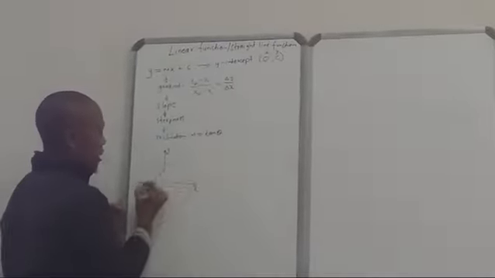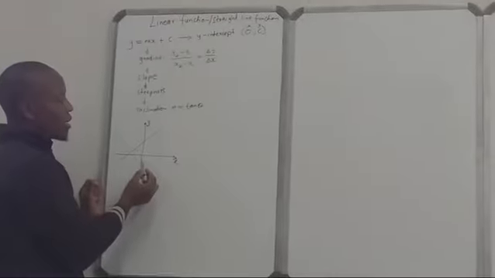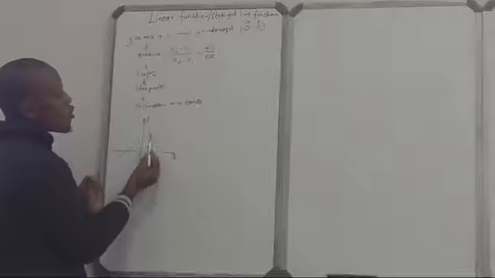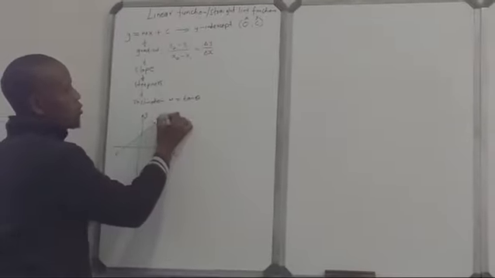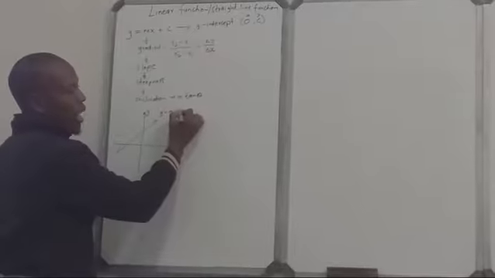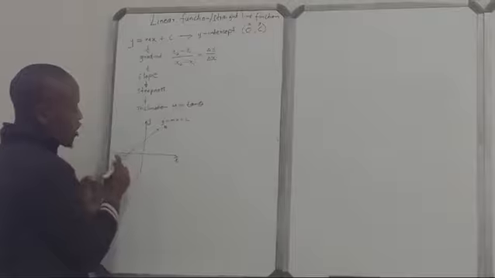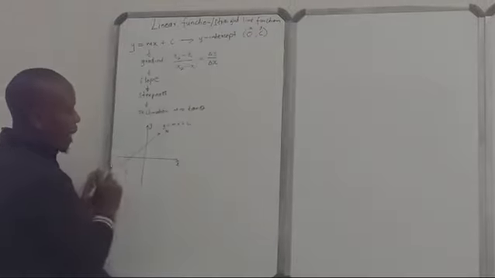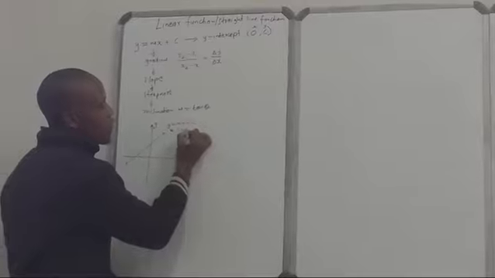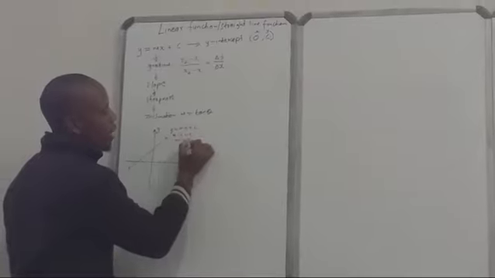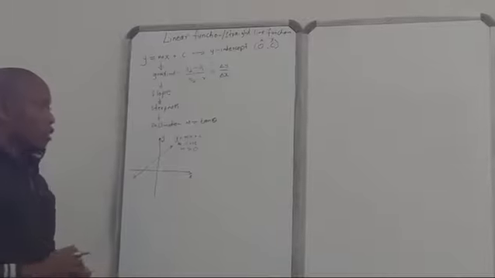If your line cuts through the x-axis and the y-axis, you're definitely going to have your line defined by y equals mx plus c. And because it's going up from left to right, your m is positive, or you can write it as m is greater than 0.